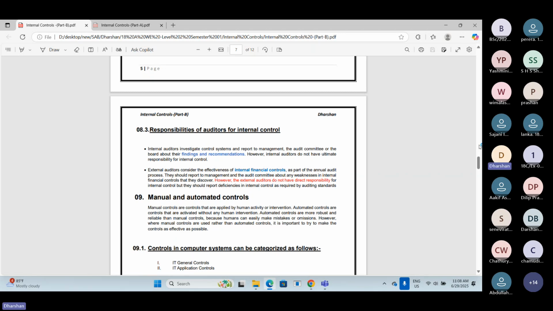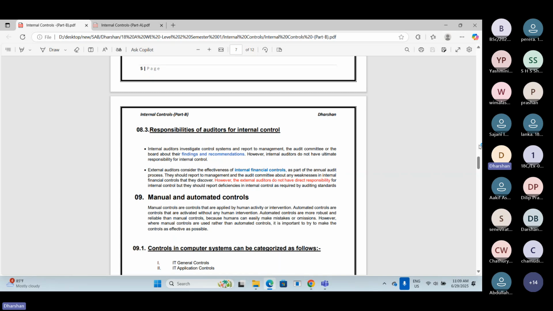We have discussed types of controls in the last class, and today morning also: financial, operational, compliance. Out of these, only financial controls. Why they check financial controls, we will discuss in audit. Now I can't explain in detailed manner.